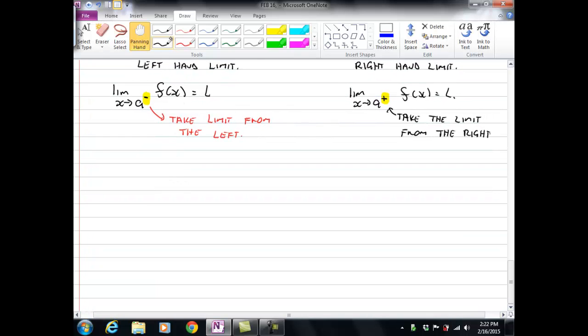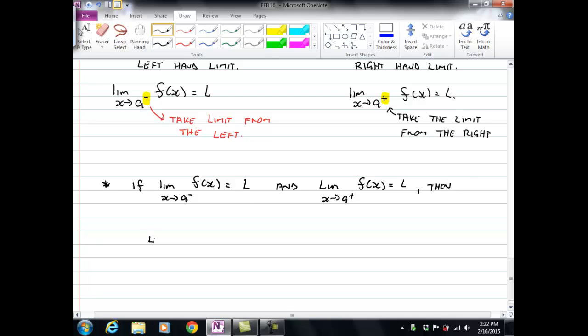And there's a clause that says this. Star. If lim x approaches a from the left of f of x equals L, and lim x approaches a from the right of f of x equals L, then lim x approaches a of f of x equals L. If your left-hand limit is L, your right-hand limit is L, guess what your limit for a is?